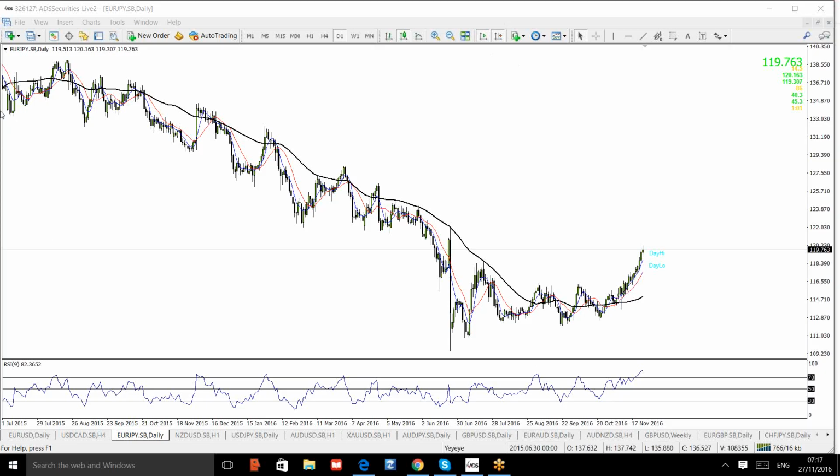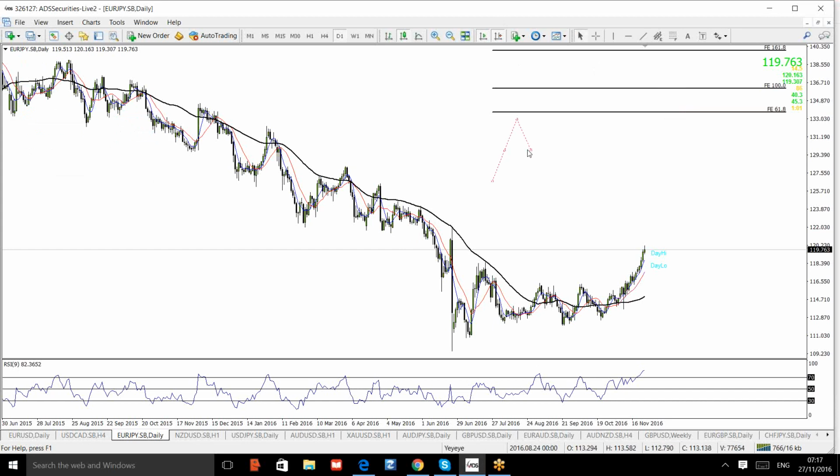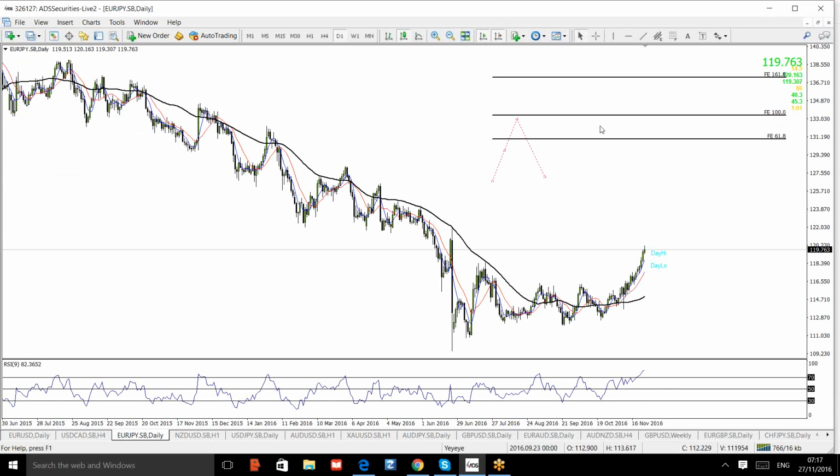Just to give you an example, guys. You had a leg A, B, and then from B you establish C, and then CD has started, and these are your projections, guys.